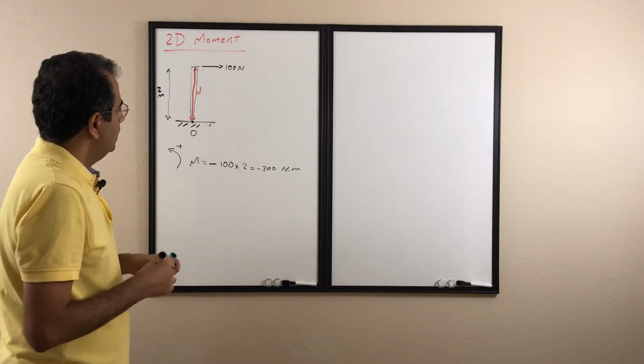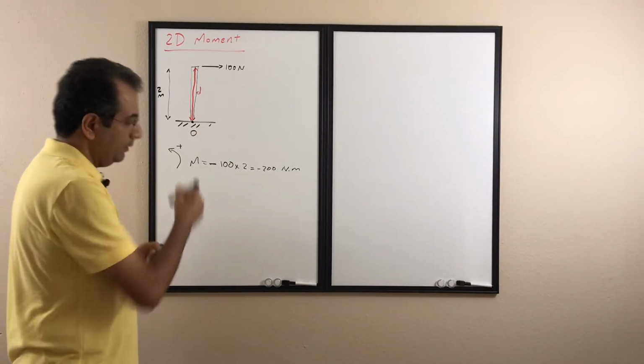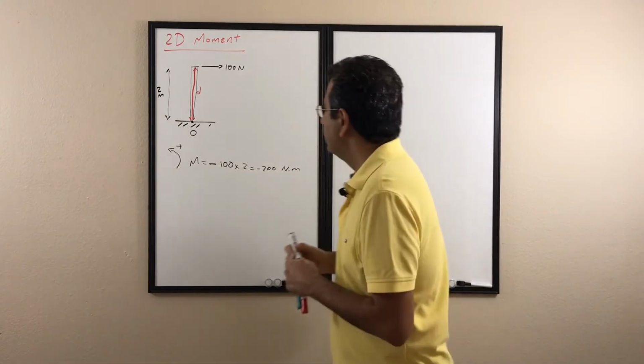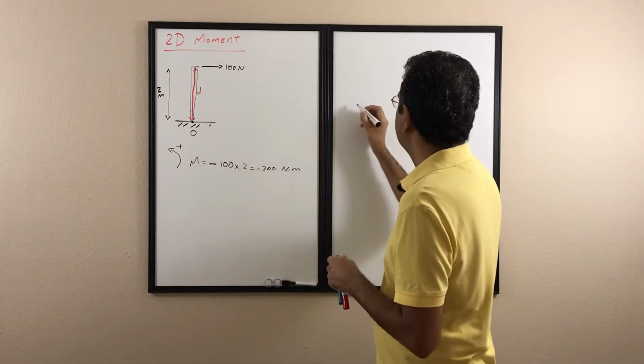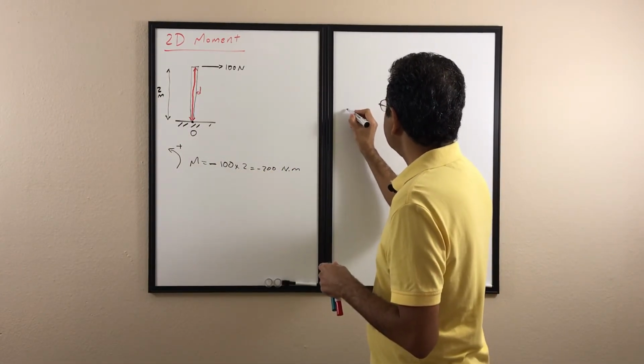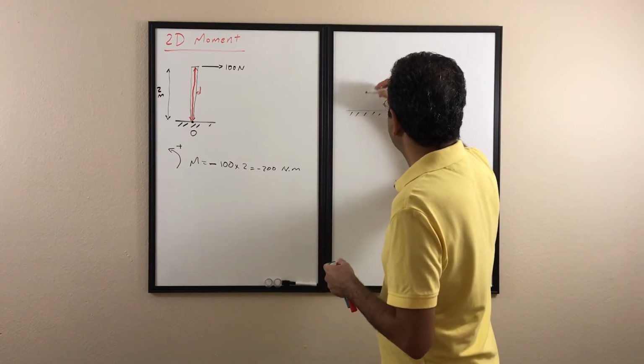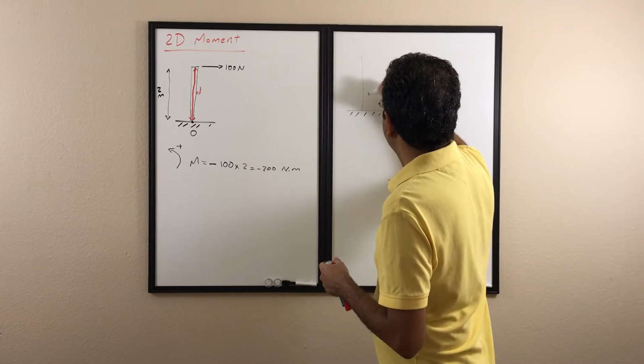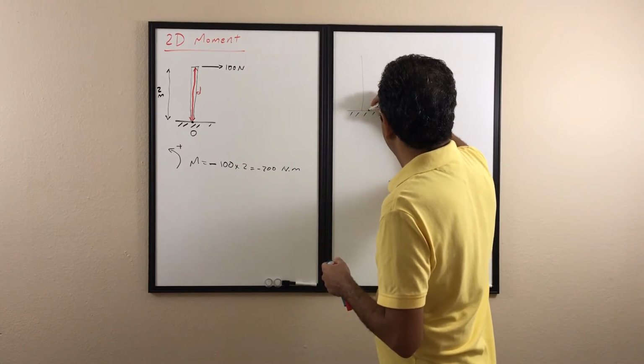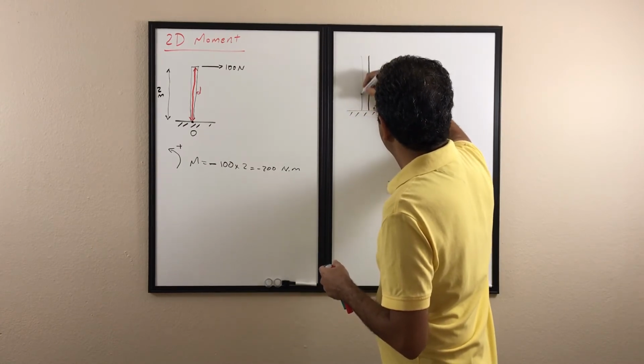So now let's look at another simple example. The same thing here, assume I have 2 meters high, so it's 2 meters.